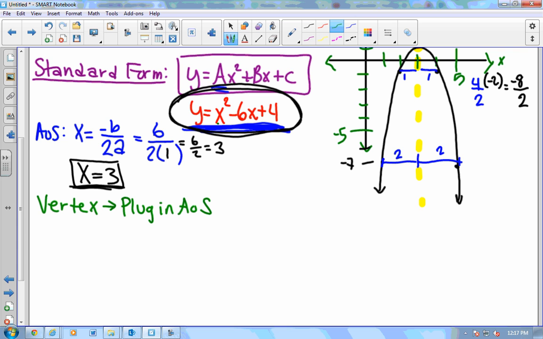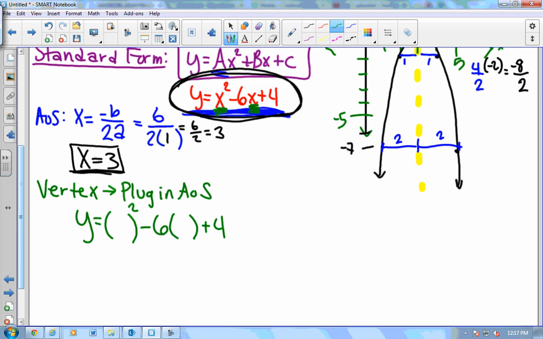Wherever there's an x, I'm going to replace those x's with parentheses. Y equals parentheses squared minus 6 parentheses plus 4. There's a couple of reasons why I want parentheses. Parentheses are helpful if we're dealing with negatives so we don't mess up the sign.